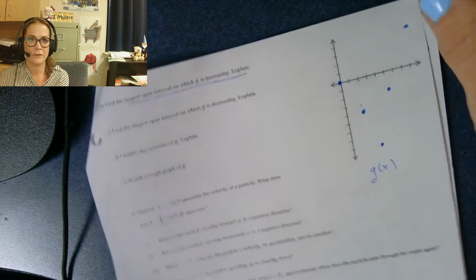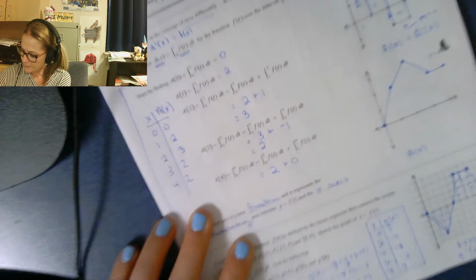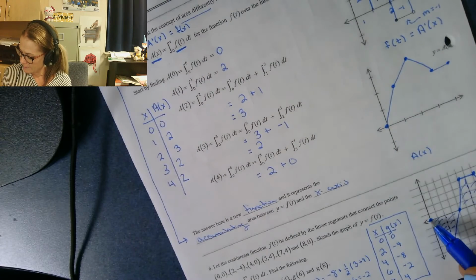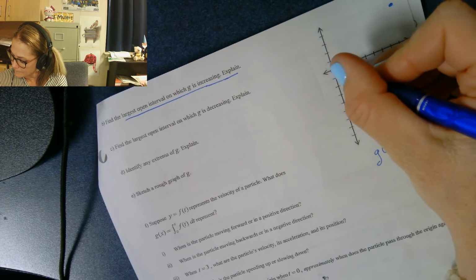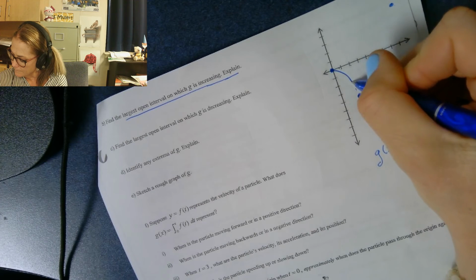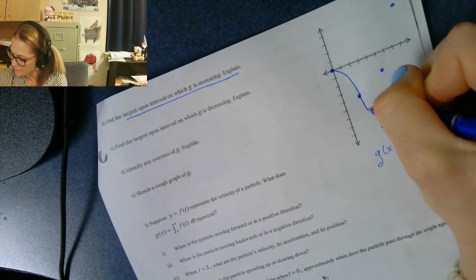Everything's copacetic here. But let's talk about concavity. So this is going to be downhill, concave down, and then concave up until we get to 4. So let's do that. So something like that. Okay.